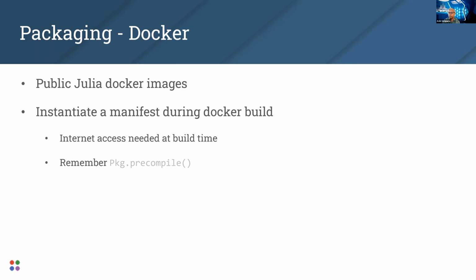So every time you instantiate a manifest in the Docker build in your Dockerfile, you should always run Pkg.precompile, so that when you deploy that Docker image, you're not precompiling when that Docker image comes up, right? So your latency will be lower when that image actually runs.